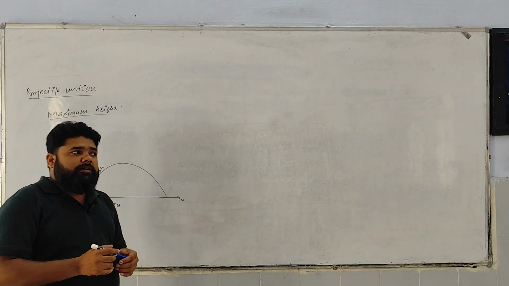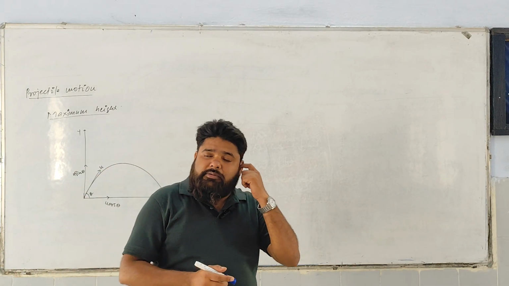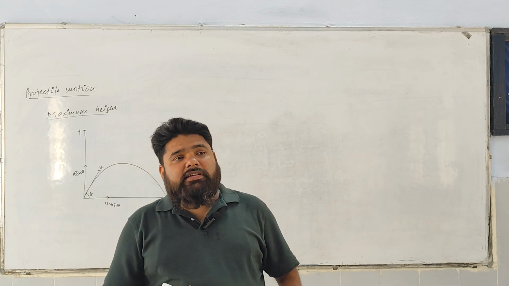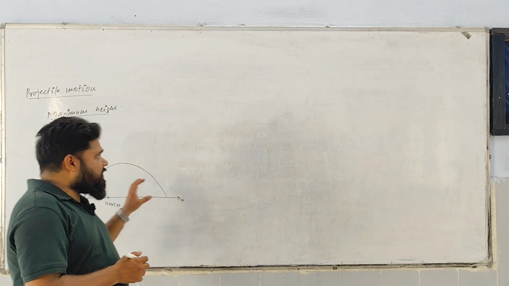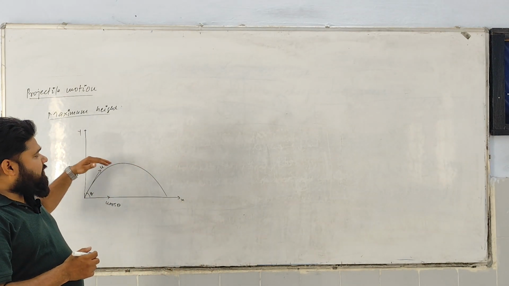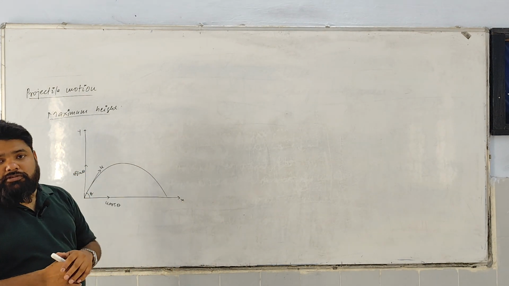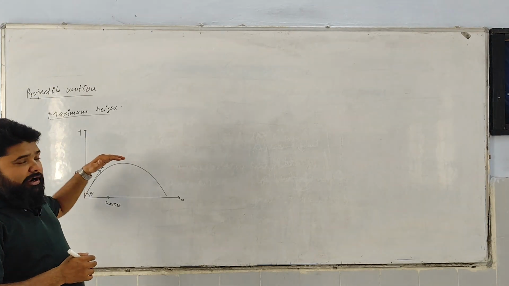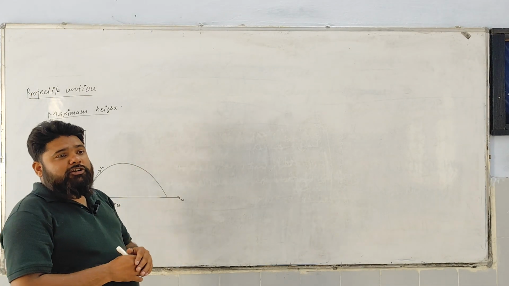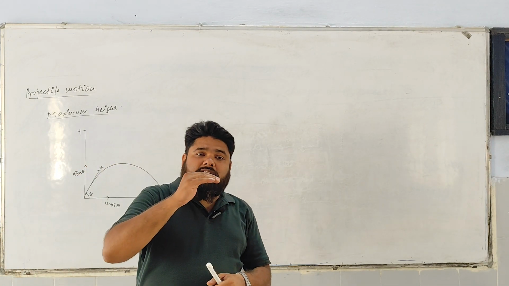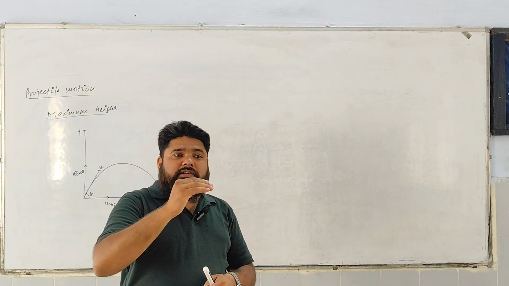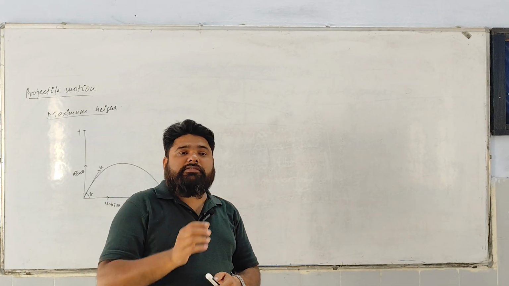So when we talk about the maximum height, what is maximum height? Maximum height is basically the height during the projectile motion at the point when the vertical component of the velocity becomes zero. The height of that particular point from the ground is the maximum height.